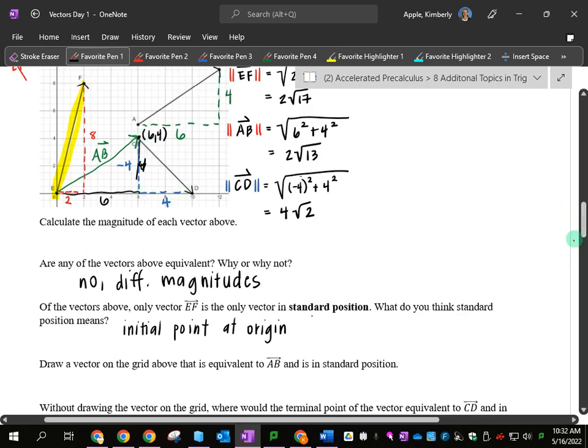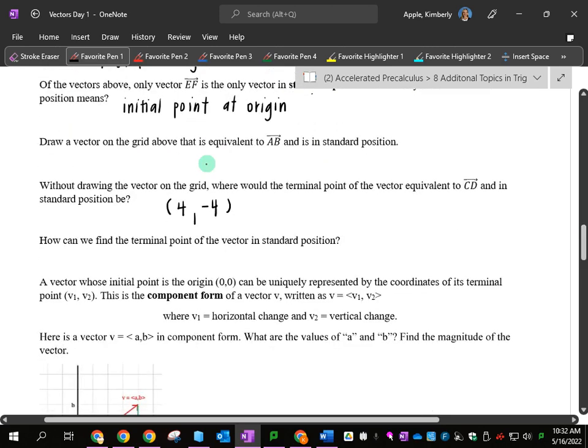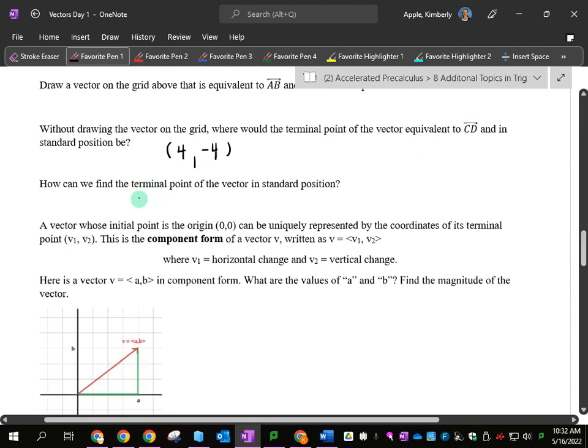And so I know that horizontal change corresponds to the x coordinate, and the vertical change corresponds to the y. So finding the terminal point of a vector in the standard position just involves the x being the horizontal change and the y being the vertical change, which is not a new idea for us. We just did it with parabolas and all that.